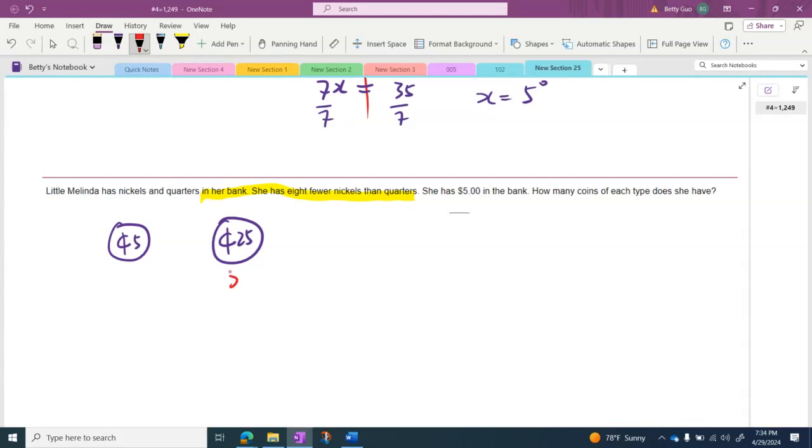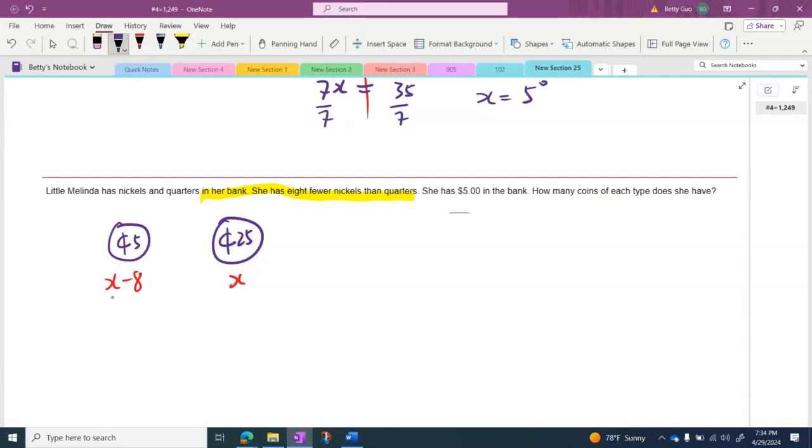We can let x be the number of quarters. Then she has x minus 8 nickels. She has x quarters and x minus 8 nickels.